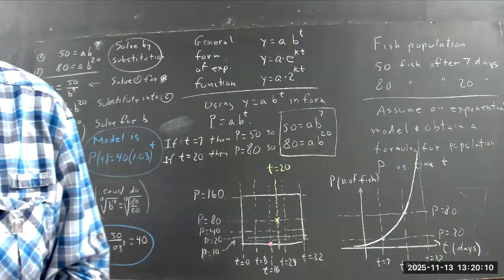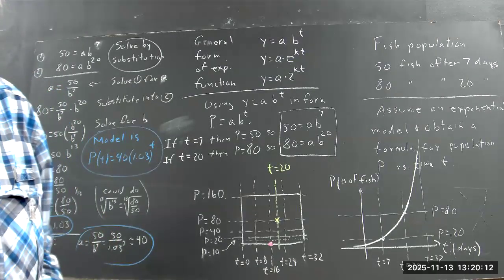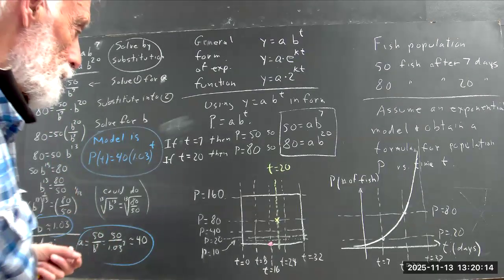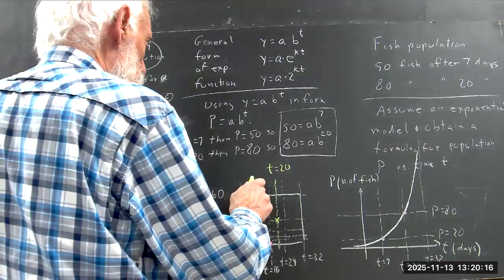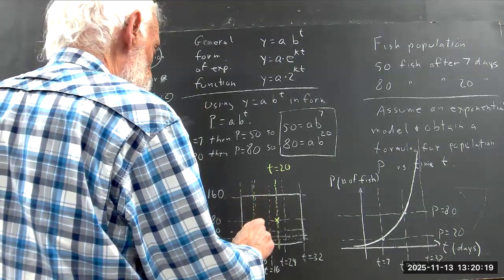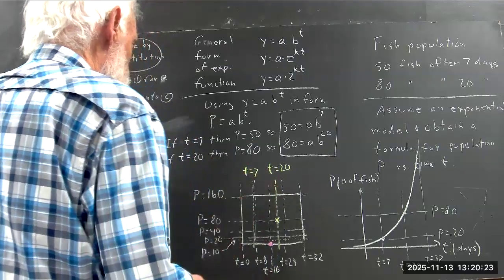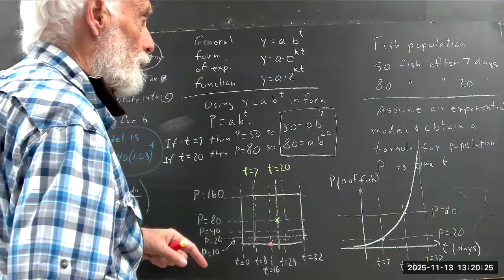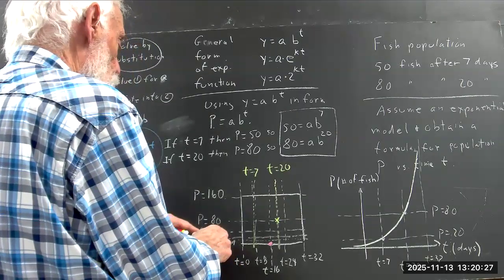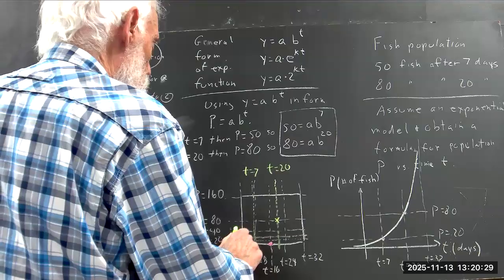So that would be our point on the graph. Okay. At t equals 7, which is a little to the left of 8, population was 50. Well, there's 40 and there's 80. 50 is probably about here.